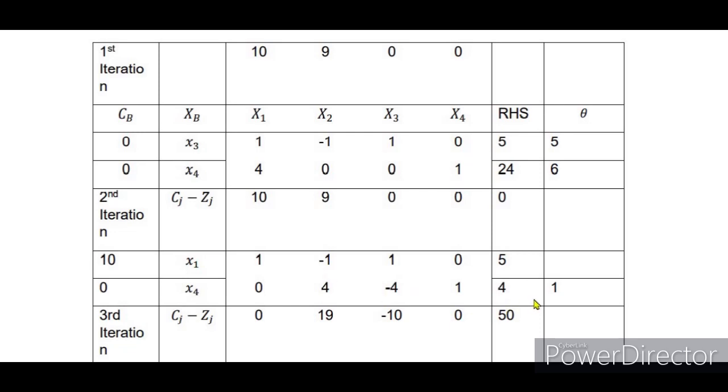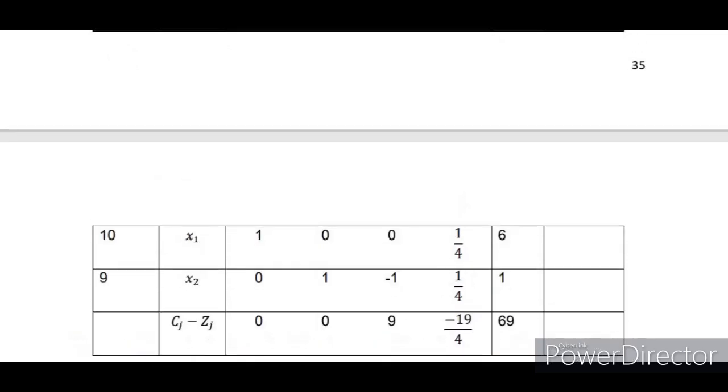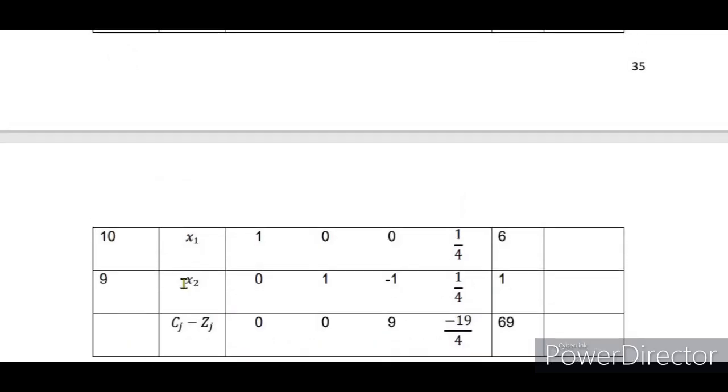So we will evaluate the second one. 4 divided by 4 is equal to 1. So we will choose to replace x sub 4 by x sub 2. So for the third iteration, x sub 4 was replaced by x sub 2.